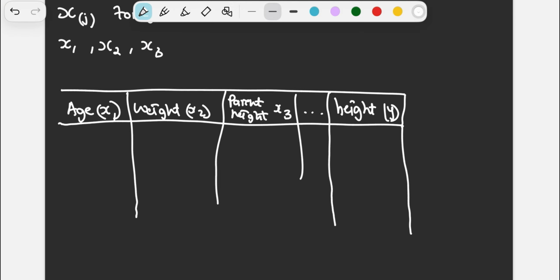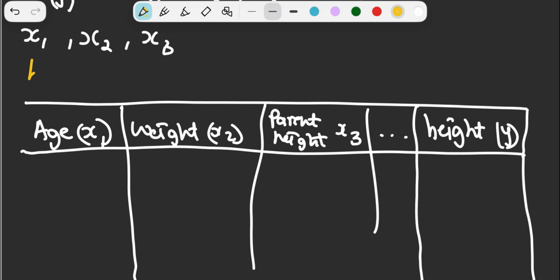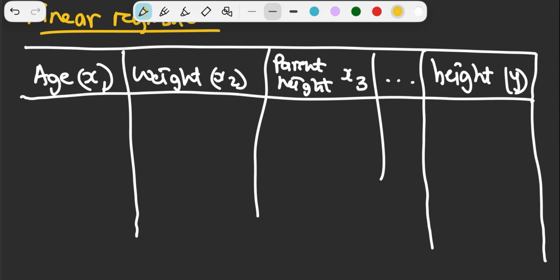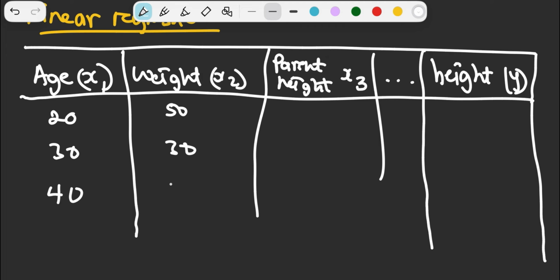So you can realize that for linear regression problems, you're given what we call input features, right? So values of ages can be 20, 30, 40 or something like that. Your given weights can be 50 kgs, 30 kgs, 100 kgs.